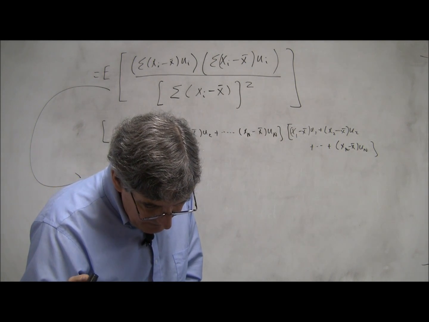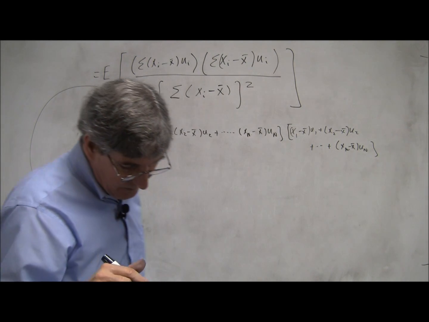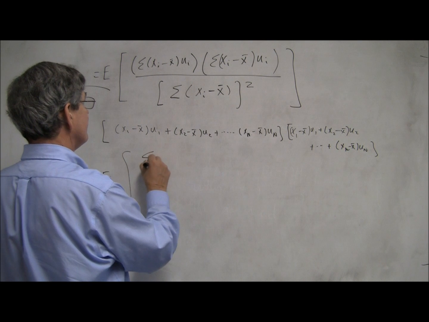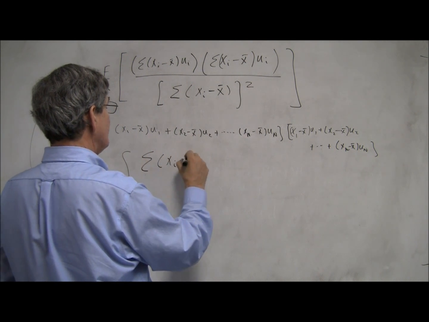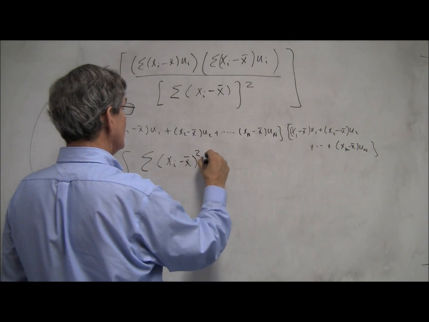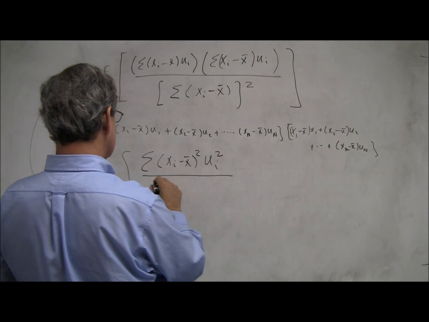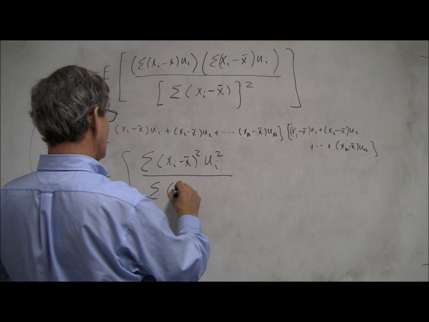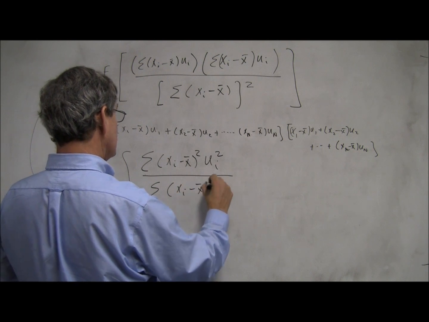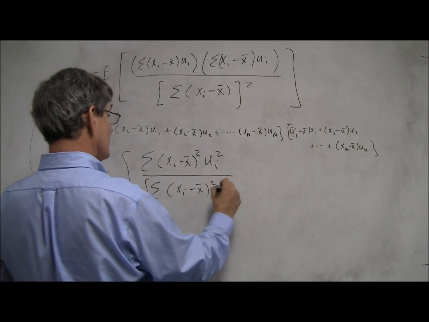This is the same as the expected value of the sum of the xi minus x bar squared times ui squared over the sum of the xi minus x bar squared, squared.